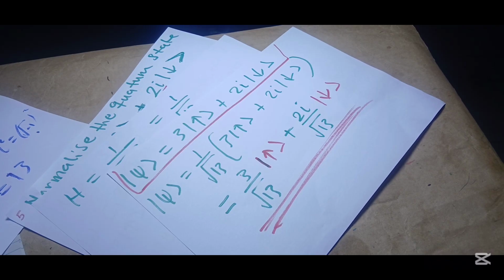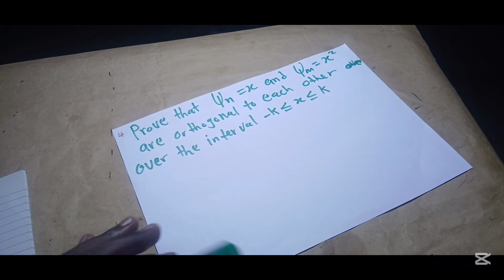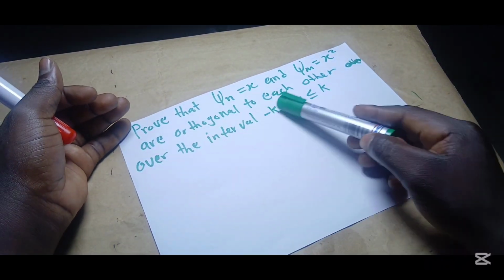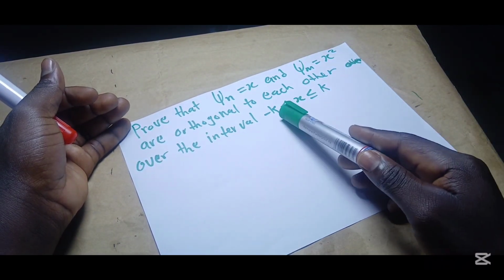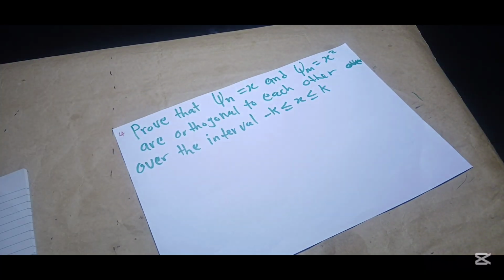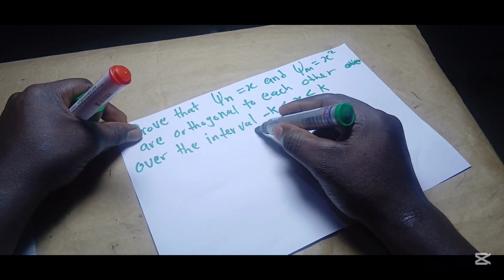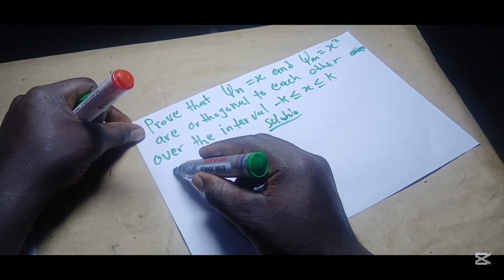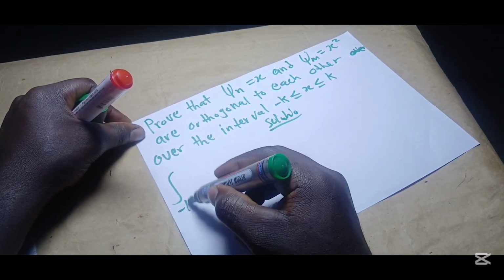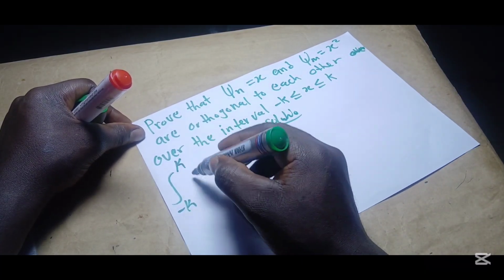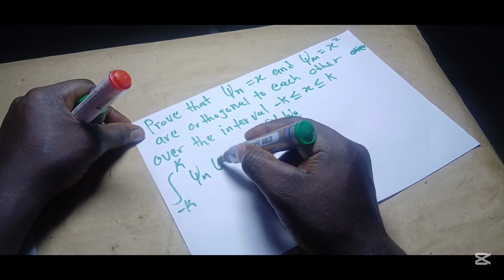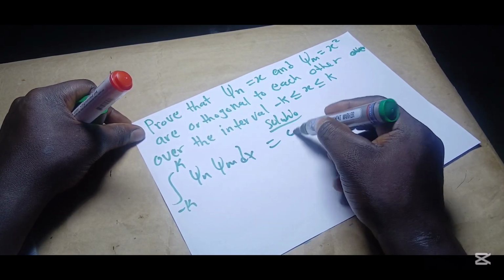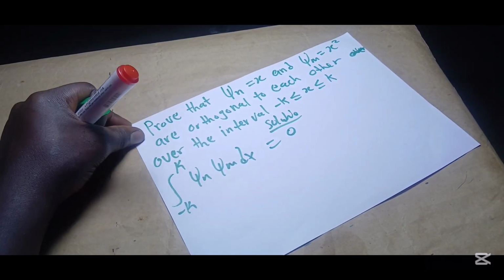That is it for this problem. Show that psi n equals x and psi m equals x squared are orthogonal to each other over the interval minus k to positive k. So the same definition, solution: if they are orthogonal to each other, then the integral from negative k to positive k of psi of n multiplied by psi of m dx should give us 0.